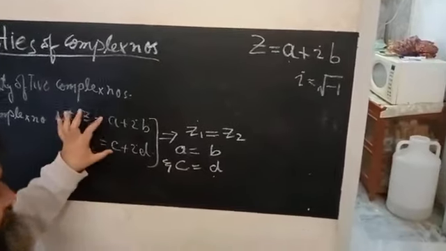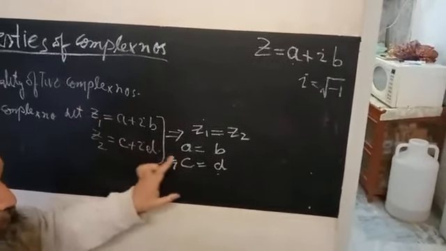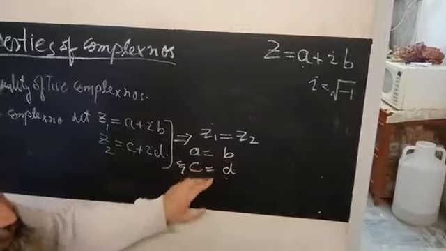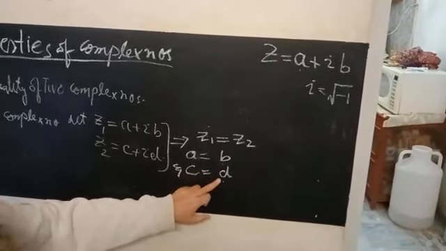So if two complex numbers are to be equal, then their real parts must be equal to each other and imaginary parts must be equal to each other.